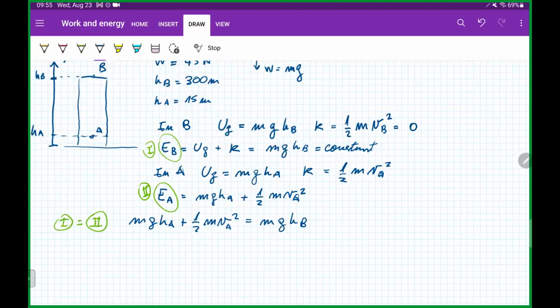And from this, we move mgh_A to the other side, subtract it, and we get 1/2 mv_A squared equal to mg(h_B minus h_A). Basically, this is kinetic energy, and that kinetic energy is what we actually need, right? So we can calculate that.